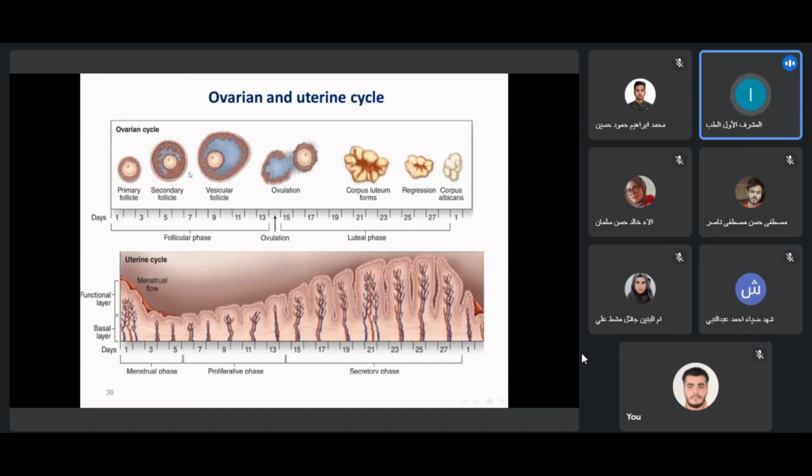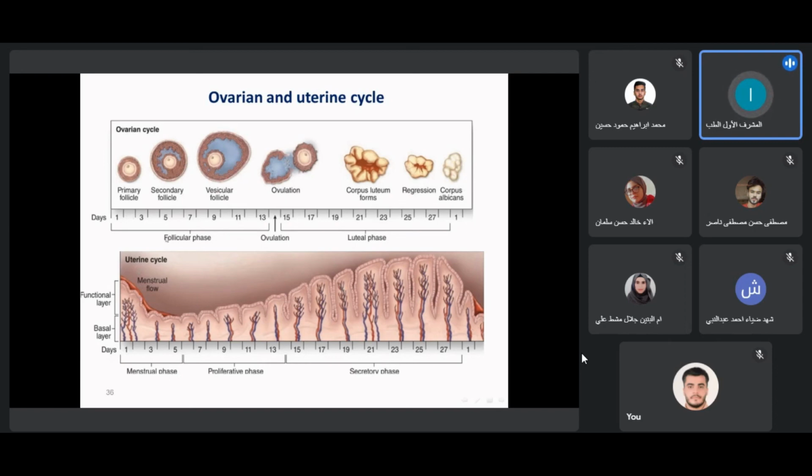This is the presentation of the ovarian cycle, which we said is a cycle with a series of changes in the follicles. In day 14 ovulation, after that the formation of corpus luteum until the end regression, formation of corpus albicans. These changes correlate or coincide with the uterine cycle.